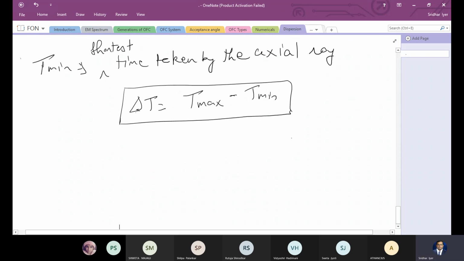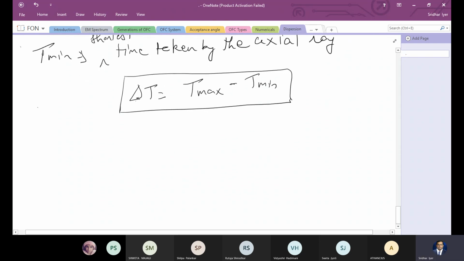Okay. So before we go into the derivation, I'll also introduce you to another concept which we require in discussing dispersion ahead as well.